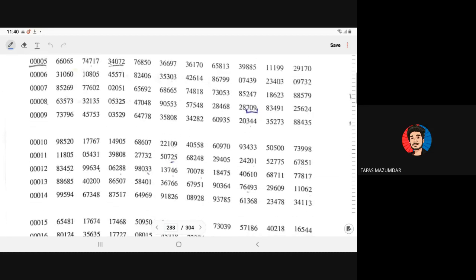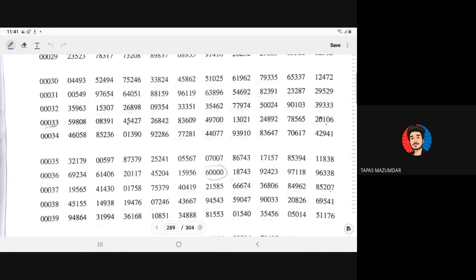So let's see, we are choosing the second page. Now let us say randomly I am choosing the 36th row, and any column, let's say the fifth column. I want to start from here.